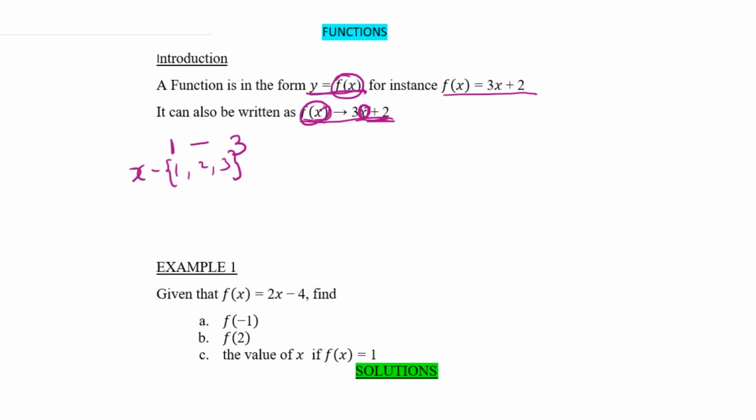So we are saying x is that, and this x is what we are calling the input. The input values. Now these input values, you get them and insert them in a formula.